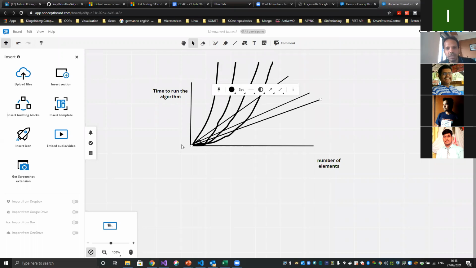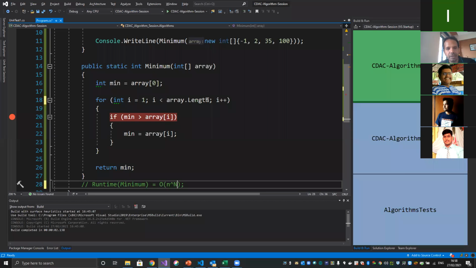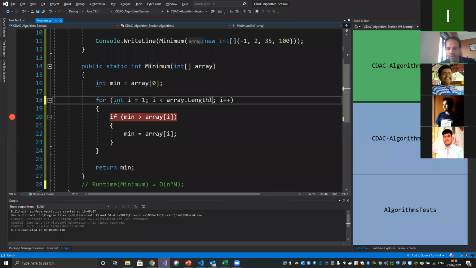Me changing from array.length to array.length by 2 only changes that constant, that slope. The graph is still a straight line. Or if I skip the very next element and take the alternate ones, it's just the slope of the line that changes, but it's still a linear algorithm.